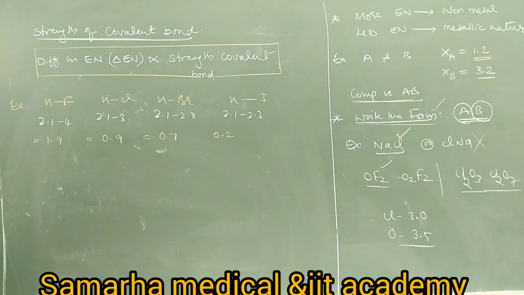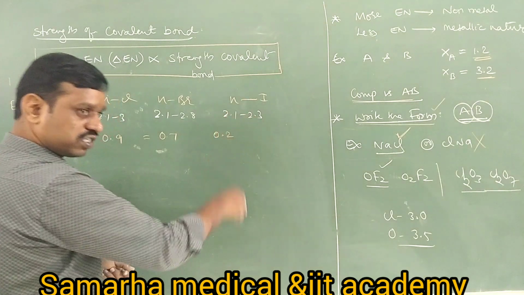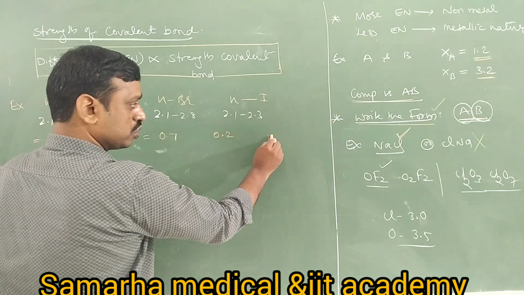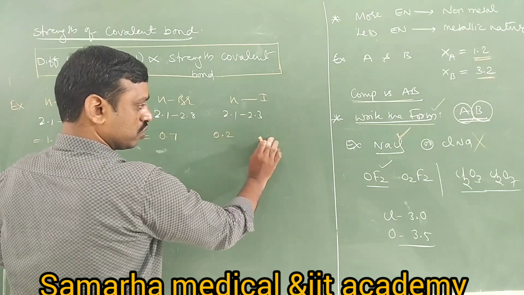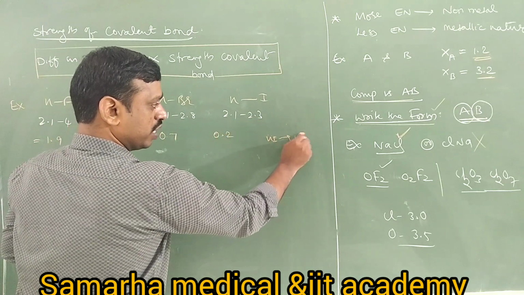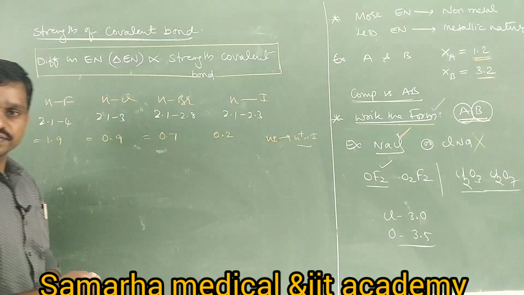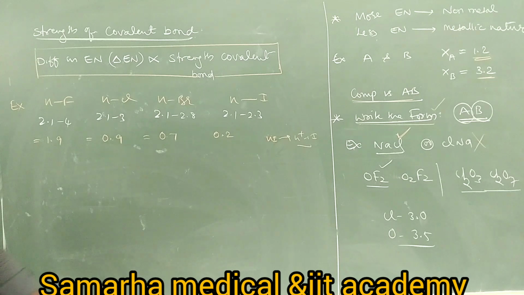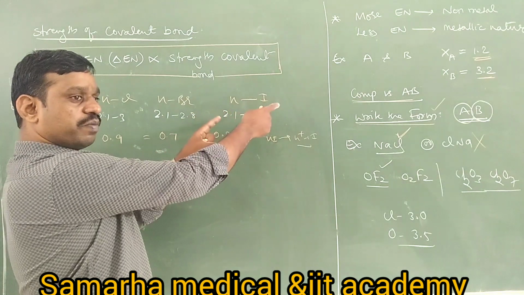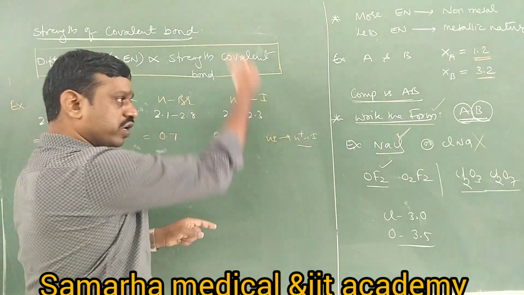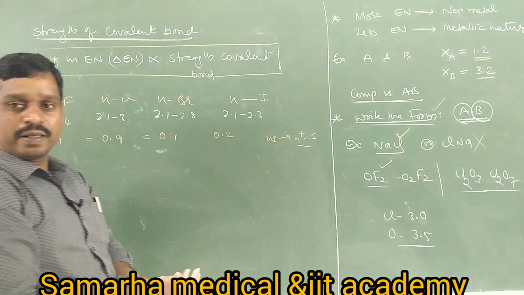Bond strength is more? No. Which bond is the weak bond? HI. Because of that reason, HI can dissociate easily to form H+ and I-. Therefore, HI is a strong acid. Why is HI a strong acid? The bond is weak. Since it is a weak bond, it can be broken so easily.